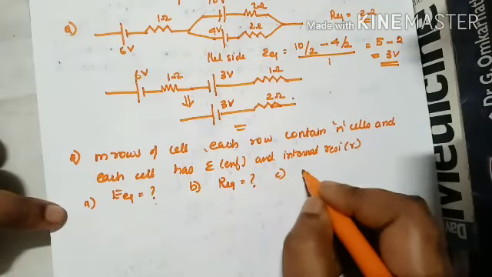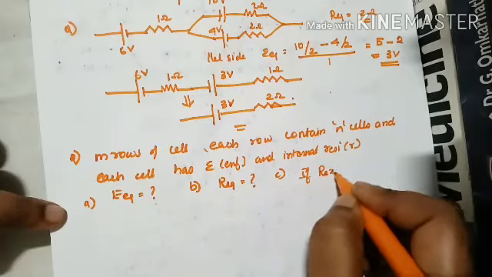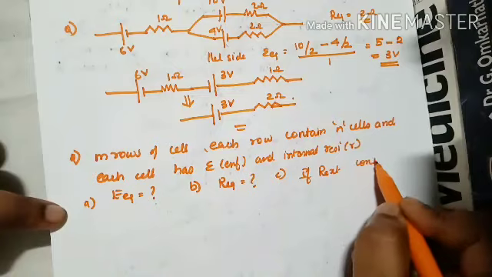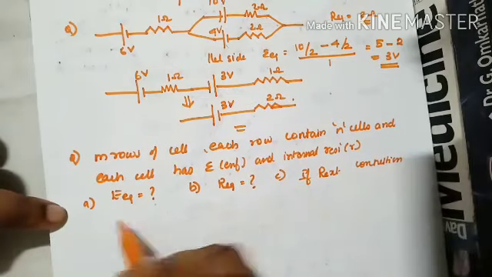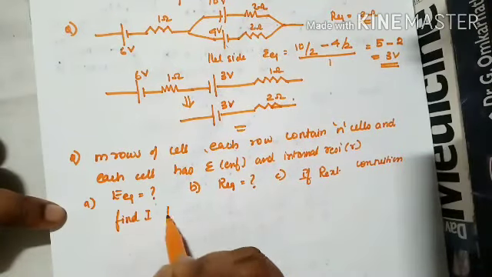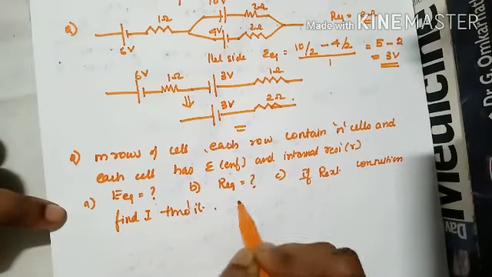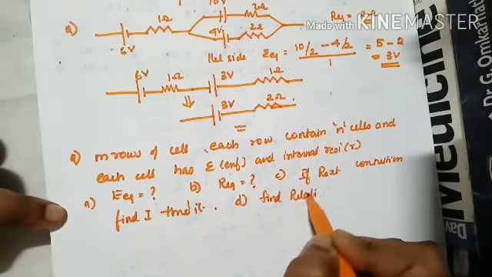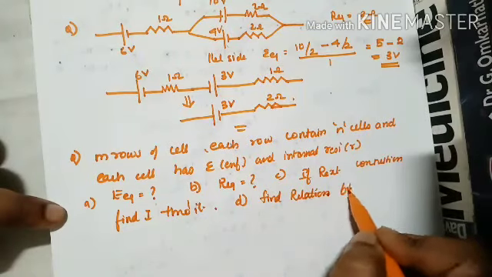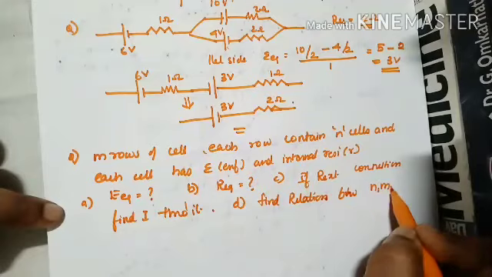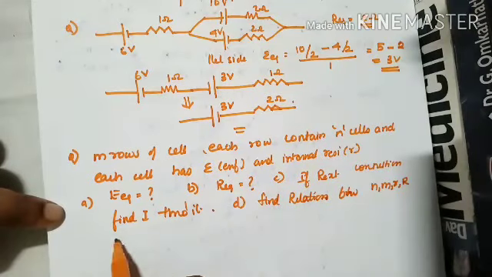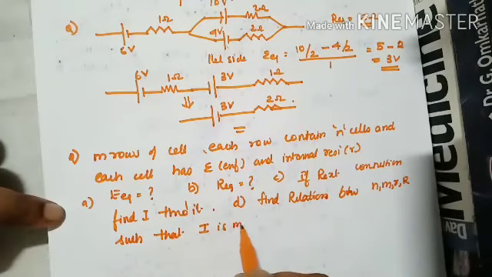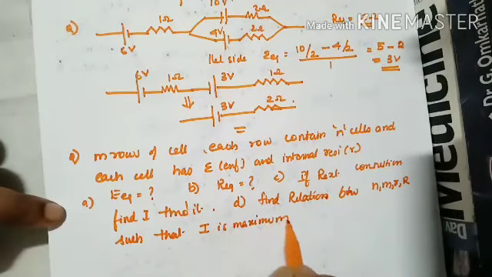And part C, if I connect an external resistance R, find the current through it. And D, find the relation between N, M, R, capital R, such that I is maximum, that is, maximum current is flowing.